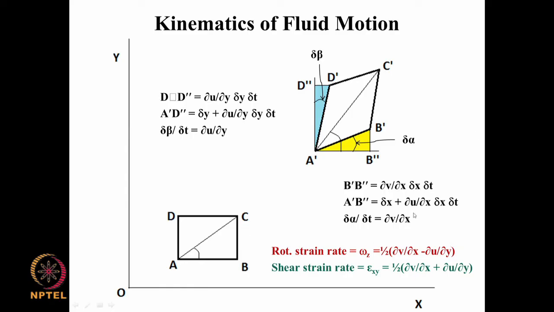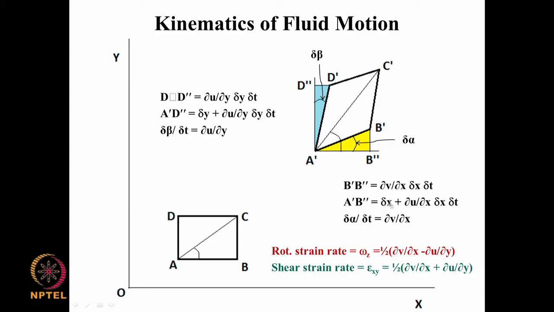If ∂u/∂x is negative, then A is moving faster and B is moving less fast, and so that means that the distance will be decreasing, and that is what this is saying. The original distance of delta x plus the change in the distance in the x direction, which is this.